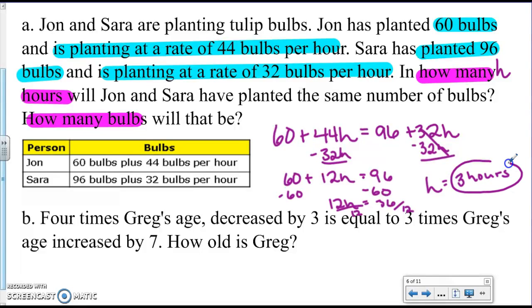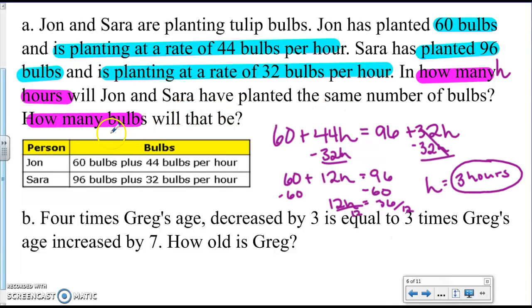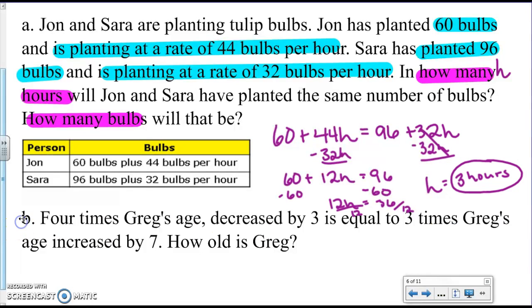So that answers our first question. There's actually a second question here, and that is, how many bulbs would that be? So we need to plug this back in.